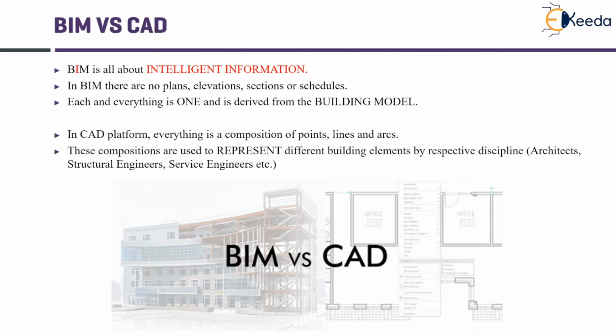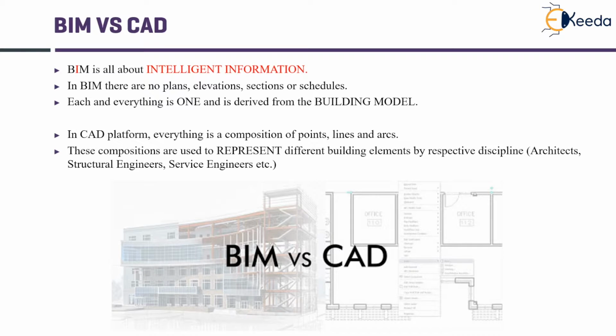We were already using CAD software, that is computer aided design software like AutoCAD from Autodesk, but it is not sufficient to aid project management. In CAD platforms, everything is shown as a composition of points, lines and arcs.